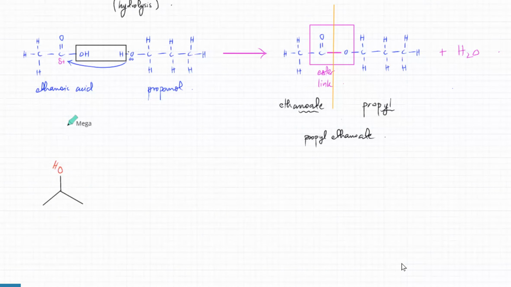So this other molecule, let's draw that. So that one has two carboxylic acid groups.